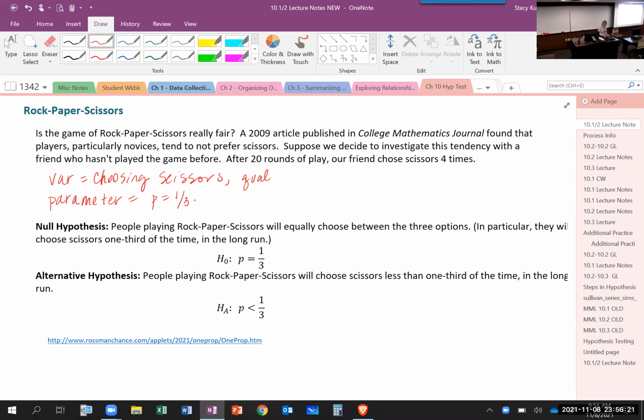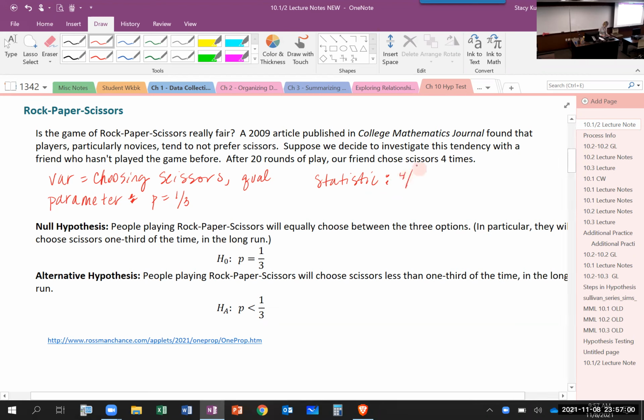Now, what's our statistic? What is the statistic supposed to describe? The sample. So what is our statistic from the results of these games? 4 out of 20.